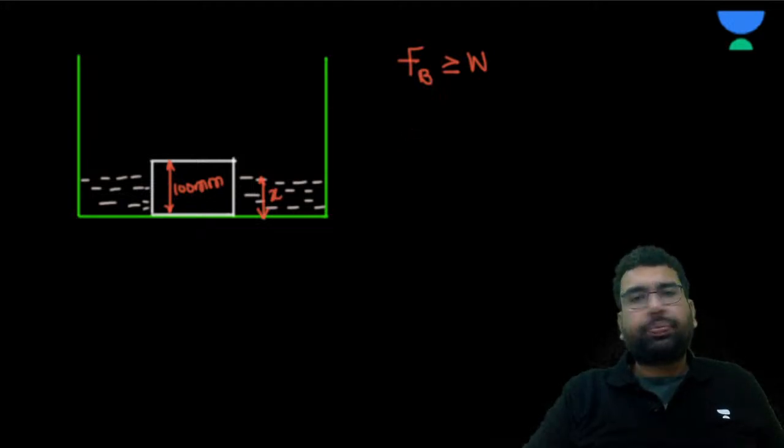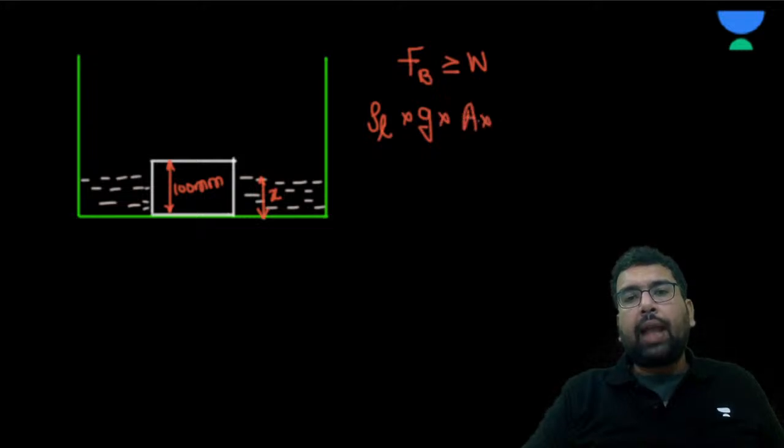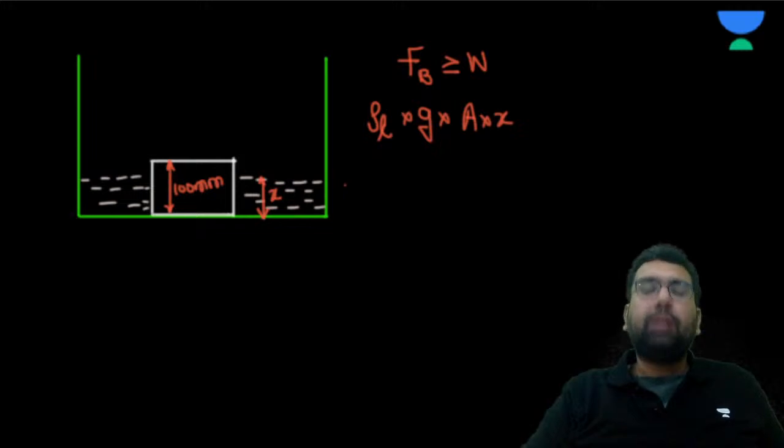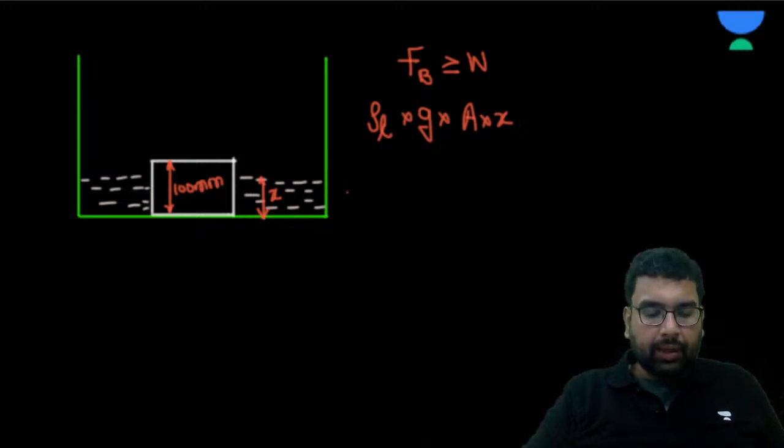Now force of buoyancy, we know it is the weight of the liquid displaced by the immersed portion, right? So it is the density of the liquid into g into volume. What will be the volume? Area into x, right?